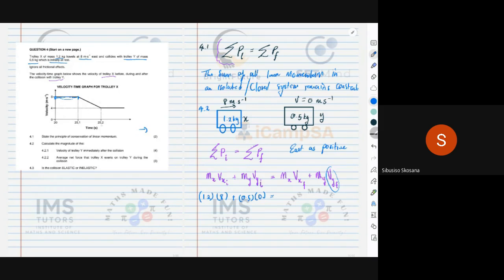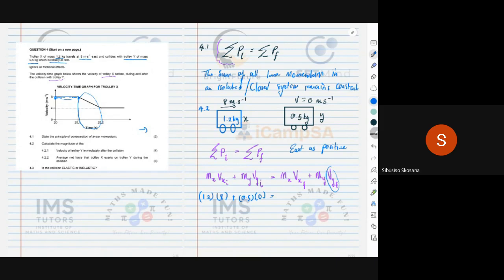So this is the time of impact, actually. During this time where the velocity starts decreasing, this is when the collision happened.